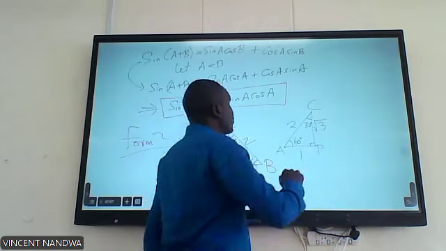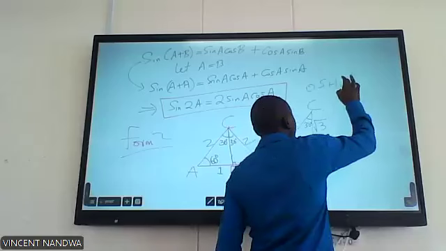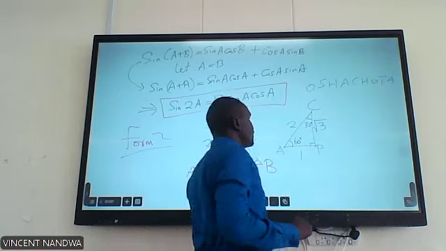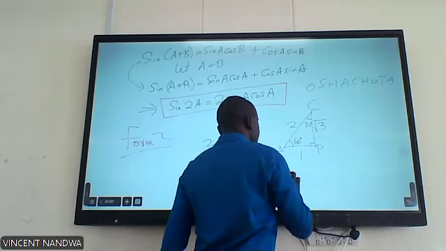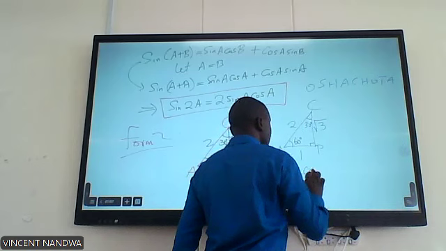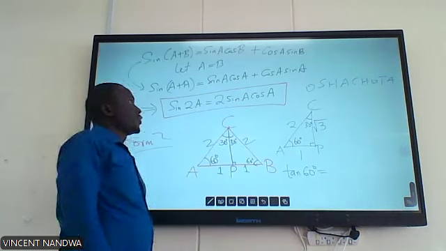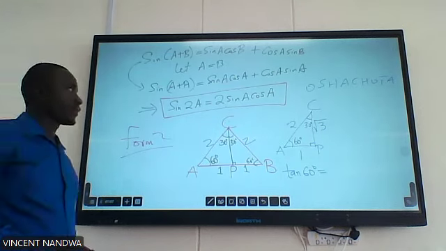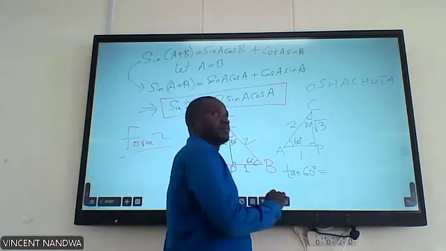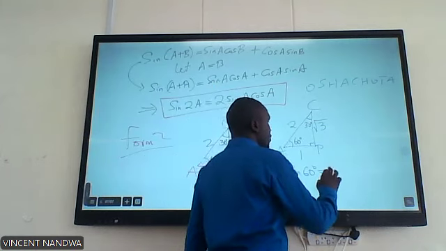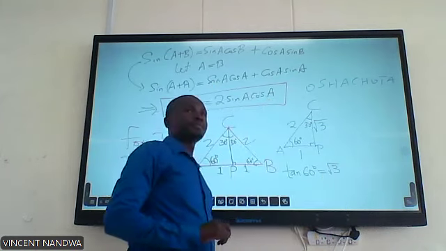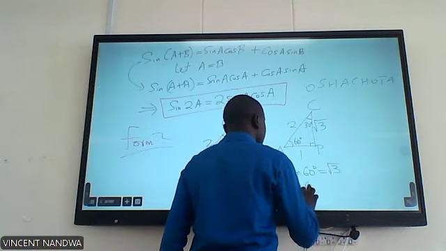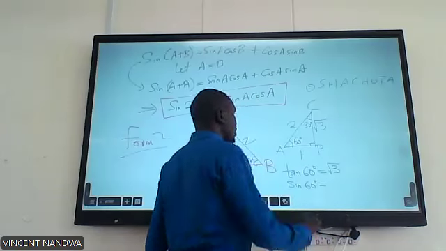So then now from SOH CAH TOA we can define the other trigonometric ratios of this triangle. That's tan of 60. Tan 60 is root 3, okay? And then sine 60, from this triangle.